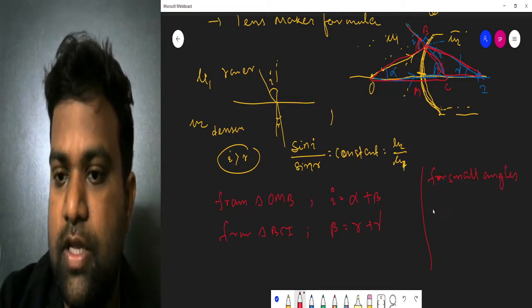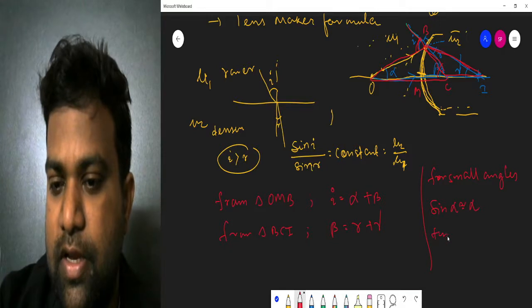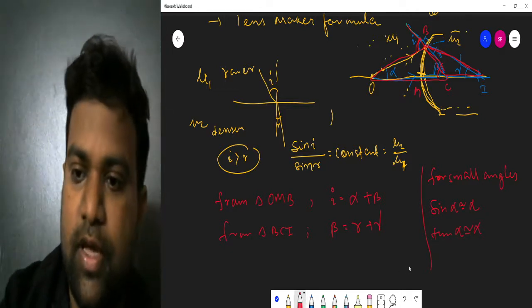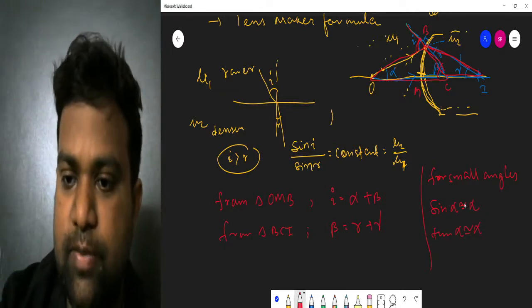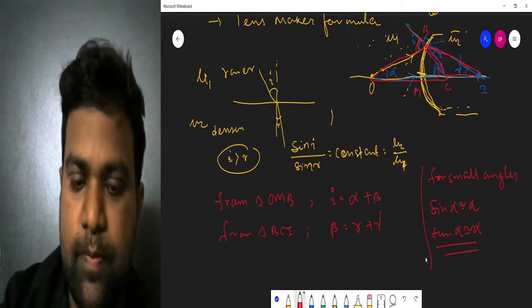For small angles you can write sin alpha is approximately equal to alpha, tan alpha is also approximately equal to alpha. This is the small angle approximation. So for small angles this approximation we can use.